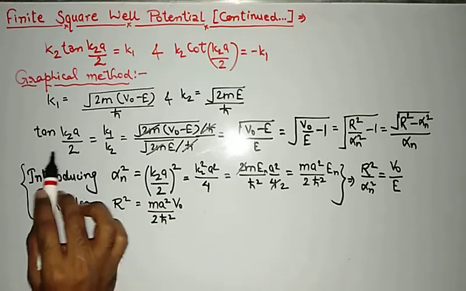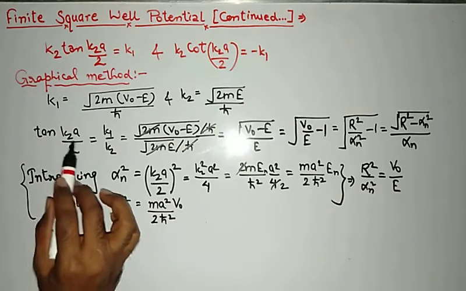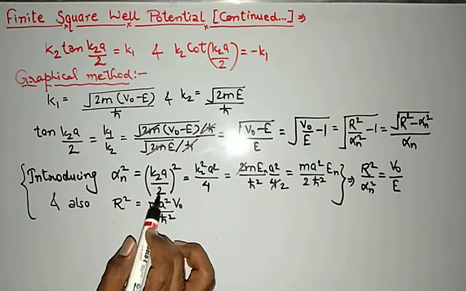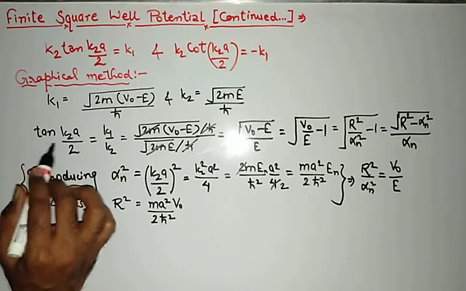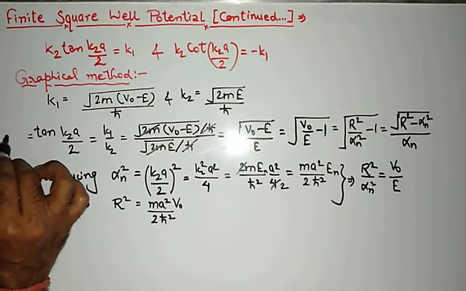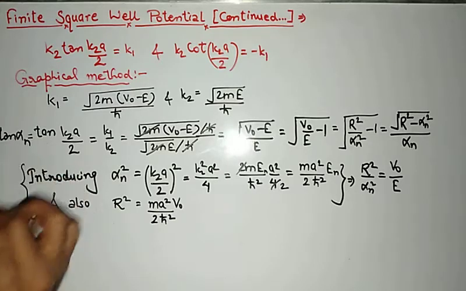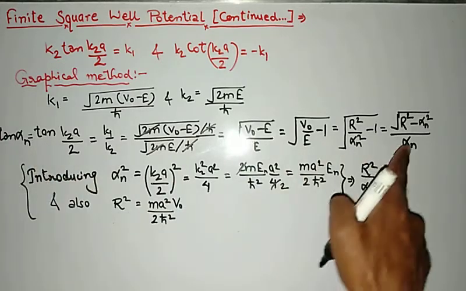And this tan(K2 a / 2) will now be tan alpha n, because alpha n is K2 a by 2. So tan alpha n is equal to this.